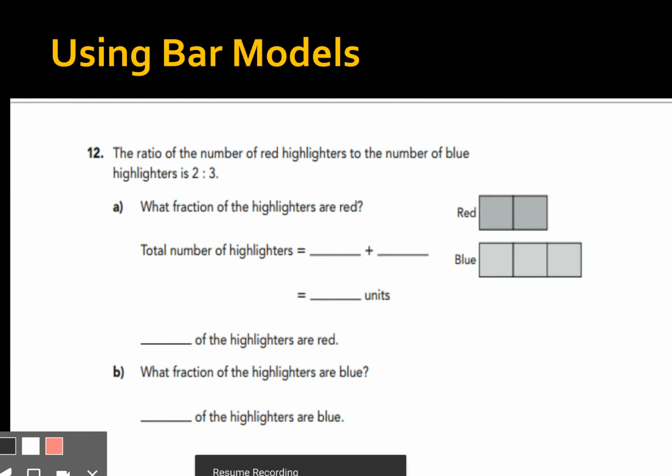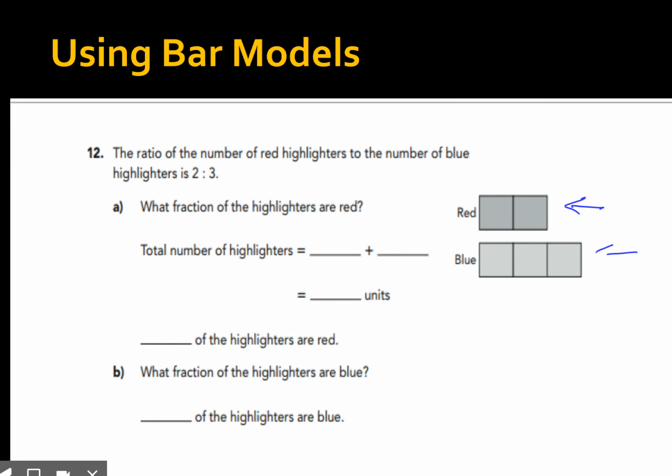All right, so let's look at number 12. The ratio of the number of red highlighters to the number of blue highlighters is 2 to 3. They already drew our boxes for us. So what fraction of the highlighters are red? So when they say of the highlighters and don't break it up, remember they're talking about the total. So to find the total, we're just going to add the total number of red, which is 2, to the total number of blue, which is 3.